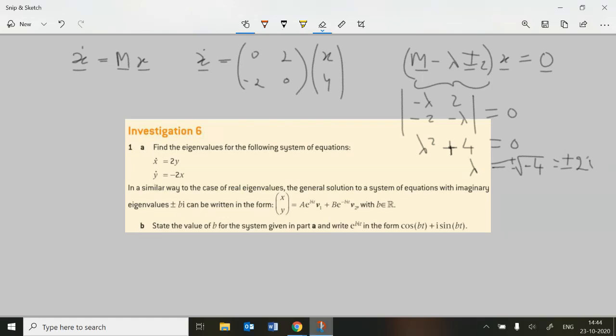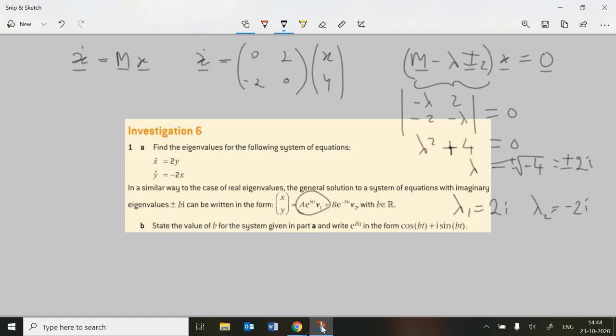So now we've got lambda 1 is equal to 2i, and lambda 2 is equal to -2i. Of course, you could swap them around, but I'm just matching up with the way in which the book has delivered it here.